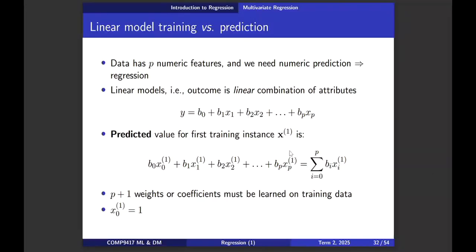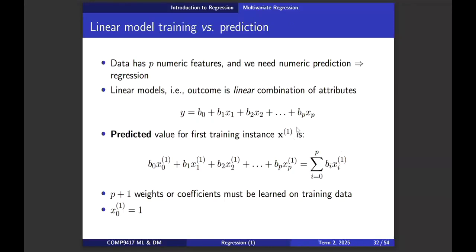Now, just here in these few slides, what I'm going to do is denote the index, so example 1, example 2, example 3, or instance 1, 2, and 3. The first training index, I'm going to denote that index in this superscript bracket 1.